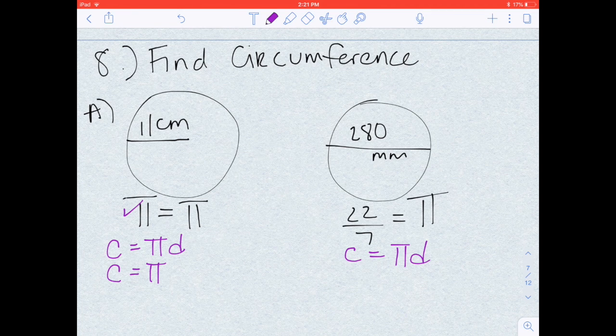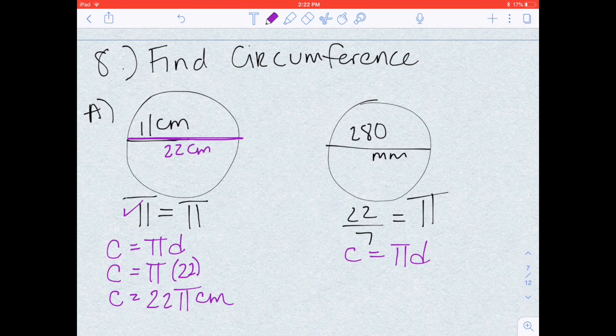And then my diameter, I only have the radius, so I need to find the actual diameter. So the diameter is going to be 22 centimeters, because my diameter is twice my radius. So all I have to do then is just rewrite it as 22 pi. I'm going to keep pi as pi because that's what it tells us to do in the questions, and just have centimeters there.